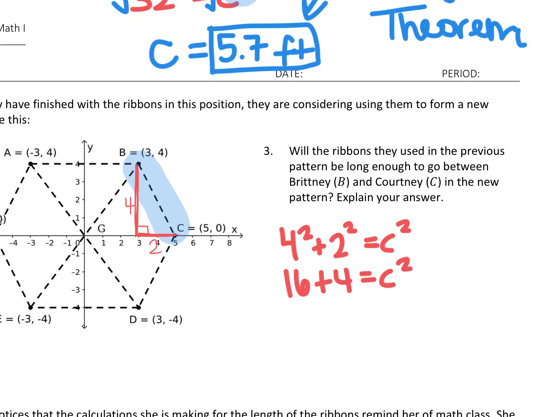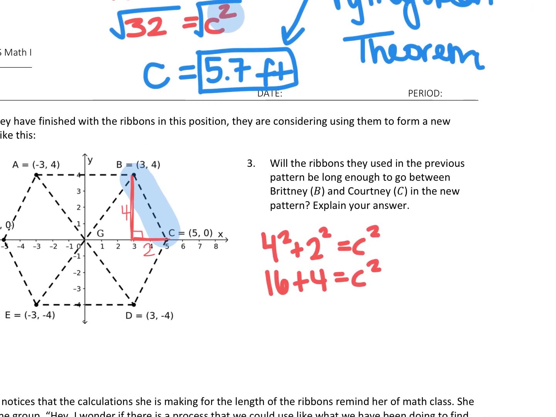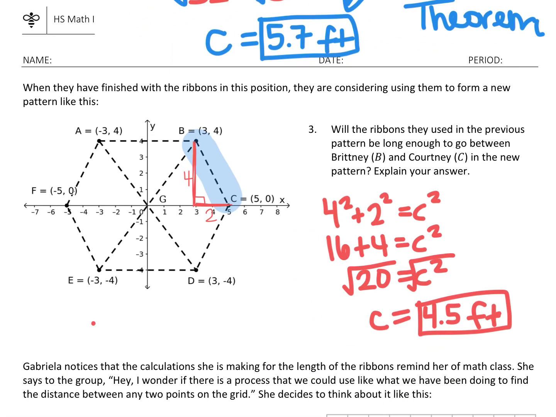That'll be 20. And then I need to always be careful at the end and remember always to take the square root. So then I'll do square root, and so c, if I round to the 10th, will be 4.5 feet. Okay, so it looks as if between Brittany and Courtney, they'll need a ribbon that is shorter than all the ribbons they had previously. So seeing that, I'm going to say yes, they can reuse the ribbons.